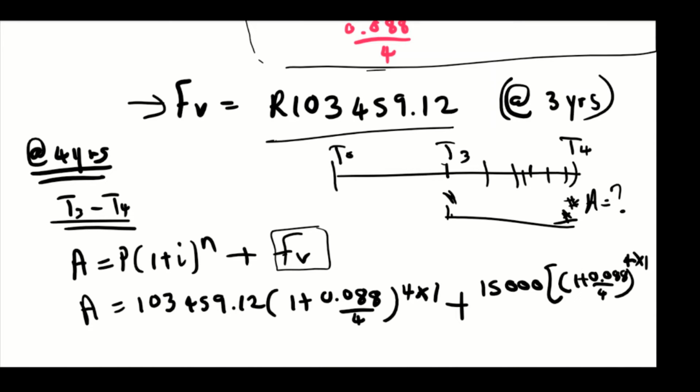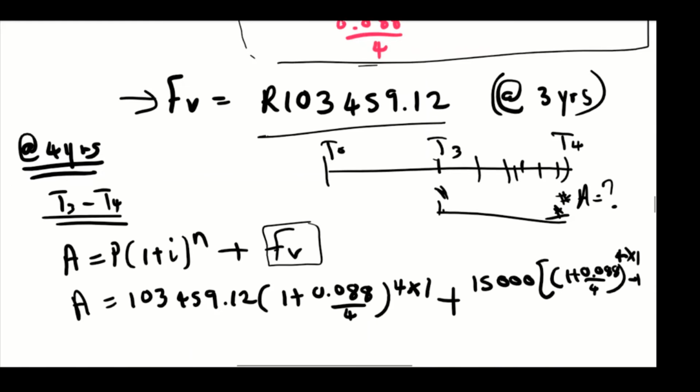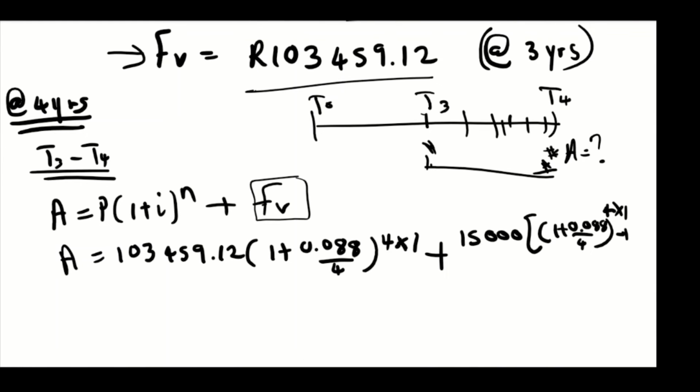Because it's 1 year, minus 1. So let me write this properly. It's going to be minus 1, close the bracket, divide by 0.088 over 4.